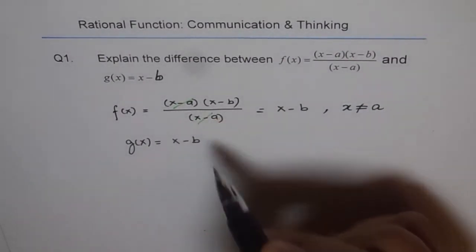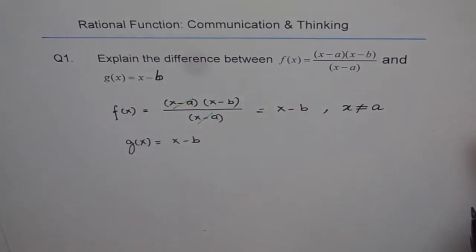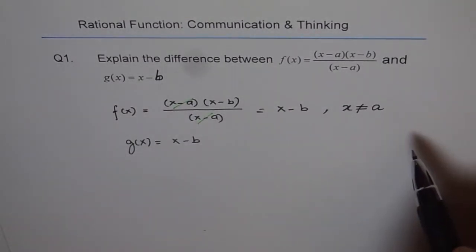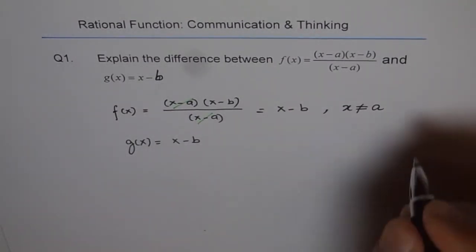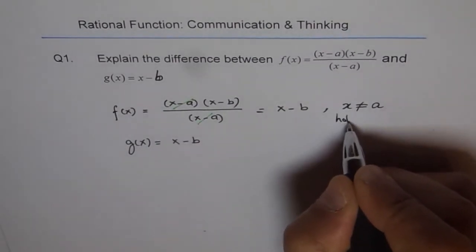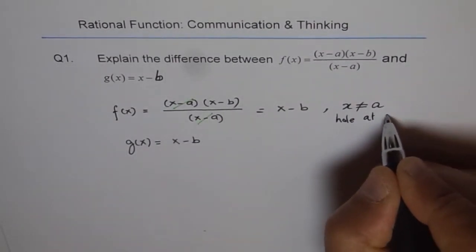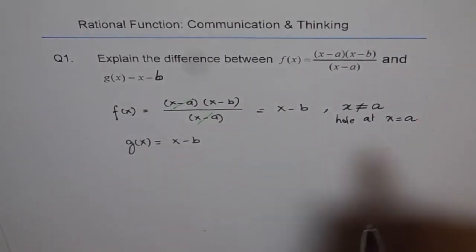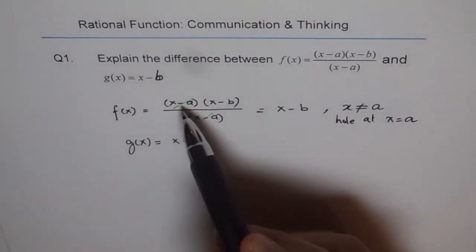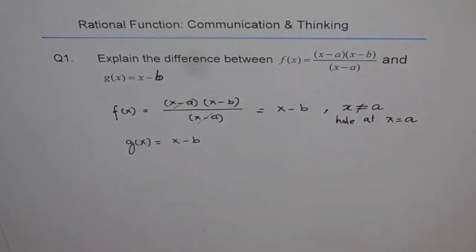Whenever you have common factors in numerator and denominator, then in the graph of f of x, you will have a hole at x equals a. If x minus a was not a factor of the numerator, then you could have got a vertical asymptote, correct? In this case, since x minus a is a factor of both numerator and denominator, we have a hole at x equals a, correct?